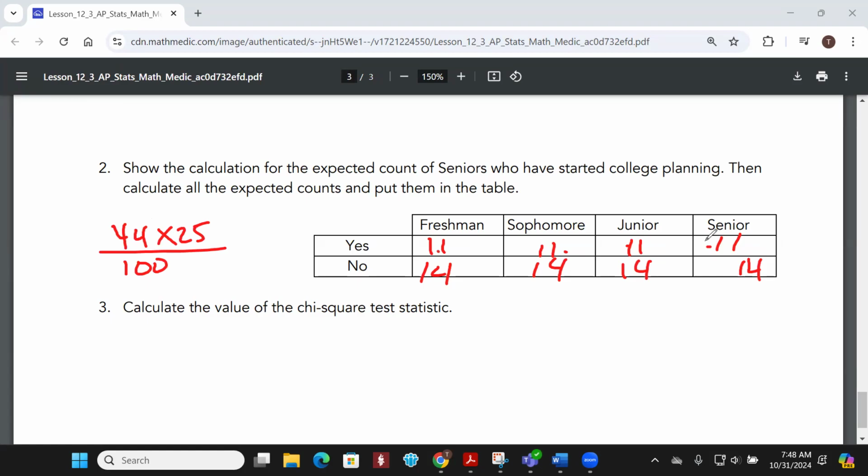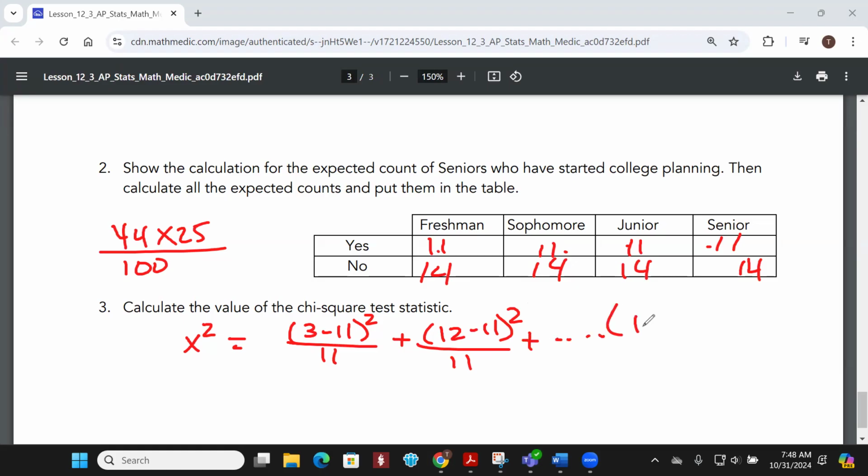Good. Great. Calculate the value of the chi-squared. When you do this by hand, remember, you've got to show the math. So we're going to do (3 minus 11) squared divided by 11, plus (12 minus 11) squared divided by 11, all the way to (10 minus 14) squared divided by 14.